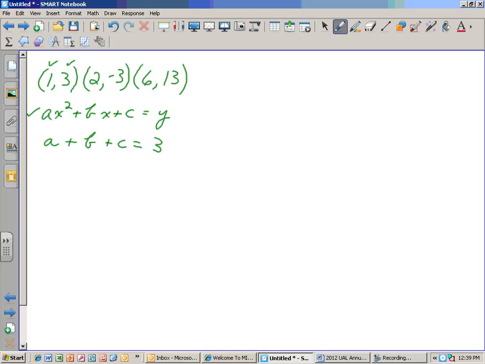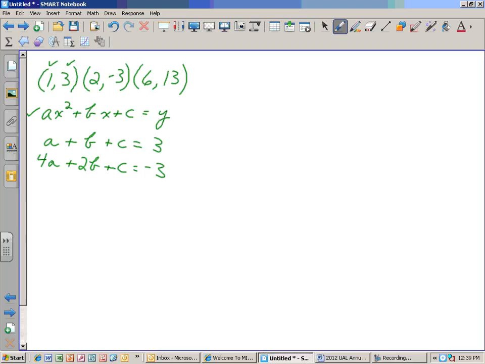Let's put in 2 for x. 2 squared is 4, I get 4a, plus 2b, plus c. And y is equal to negative 3.